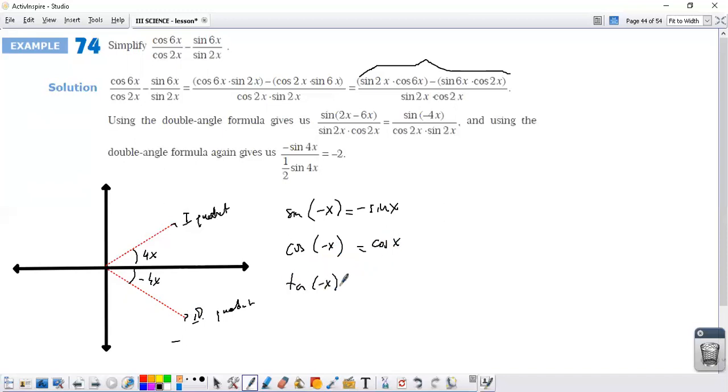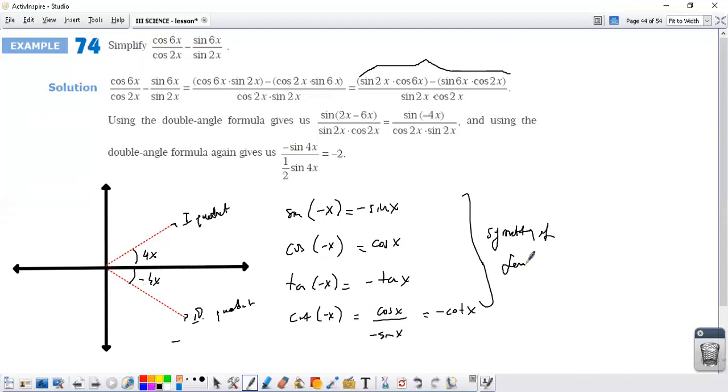For tangent minus x, it's minus tangent x, and for cotangent minus x, by taking the ratio of cosine x over minus sine x, it's going to be minus cotangent x. That is the symmetry formula. Okay.